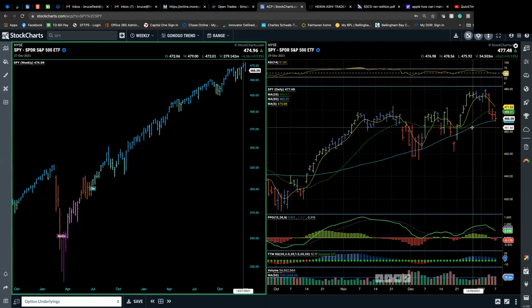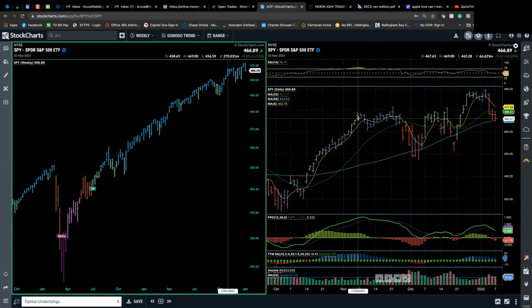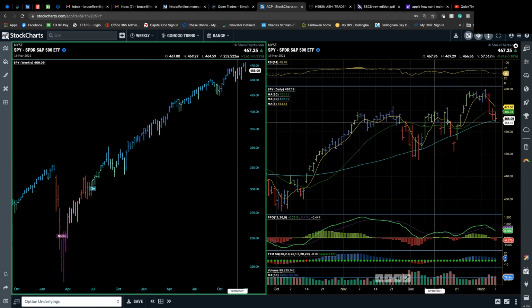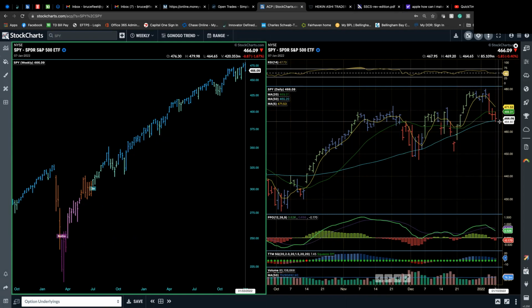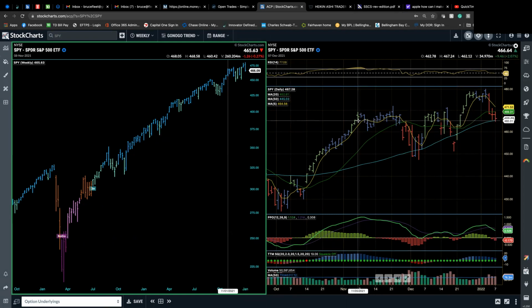Now, with that said, if we look all the way back here, at the bottom you're going to see a date pop up. I hope you can see this. I'm going to start at 11/4, which would be last November 4th. If you look at the price on November 4th and let your eyes go all the way across to the right, we are pretty much where we were months ago.